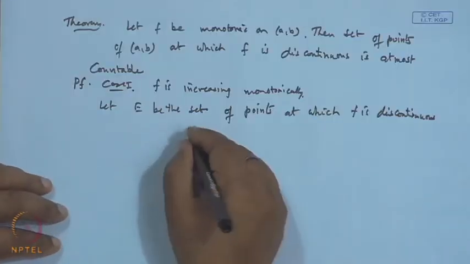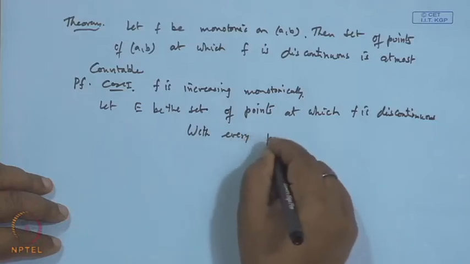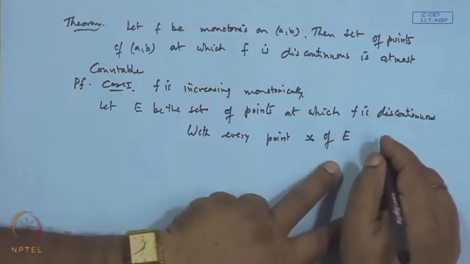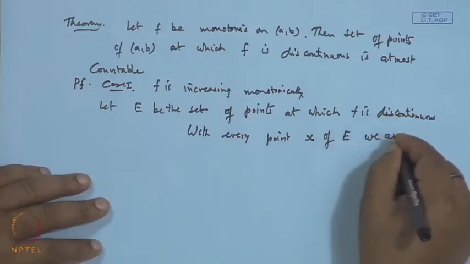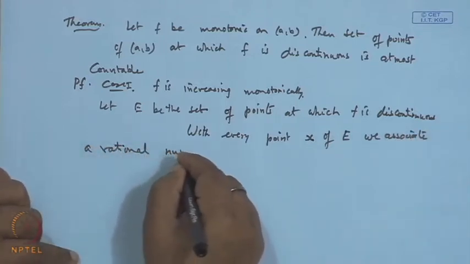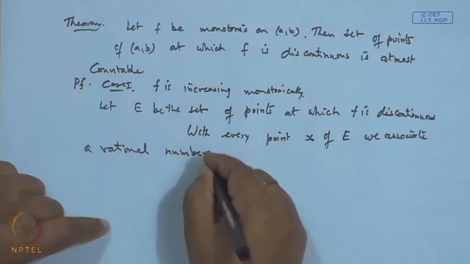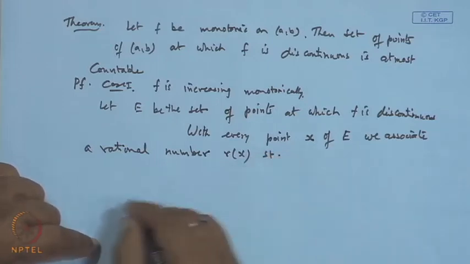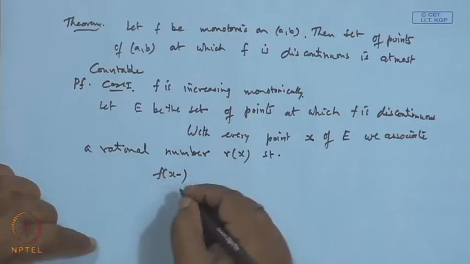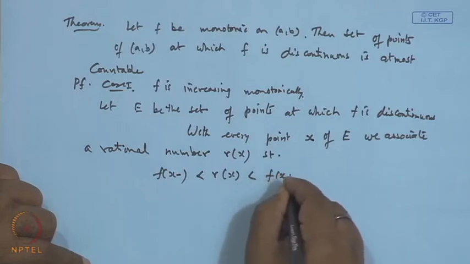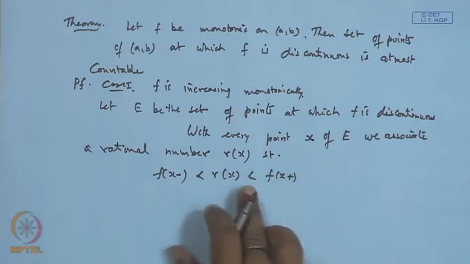So, with every point x of E, where f is discontinuous, we associate a rational number, say R(x), such that the left hand limit of the function at the point x is strictly less than R(x), which is strictly less than the right hand limit. This means it is of the first kind where the limits exist, but both are not equal.